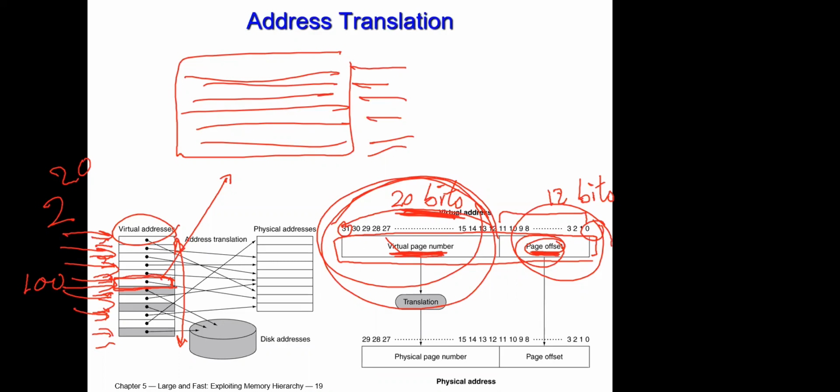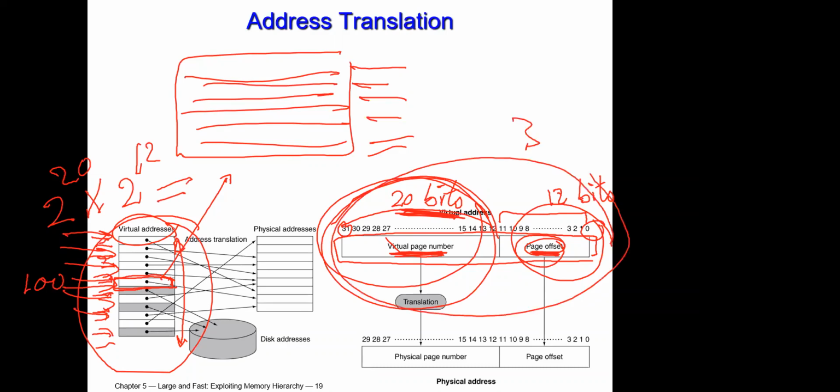If I'm asking you, given this information, what is the total number of rooms inside that hotel? You have 2 to the power of 20 different floors, and on each floor you have 2 to the power of 12 rooms. What you need to do is multiply this by that, correct? So in order to know the total, it will be 2 to the power of 20 multiplied by 2 to the power of 12. But this, by the way, gives us the same thing as taking the whole address as 32 bits.